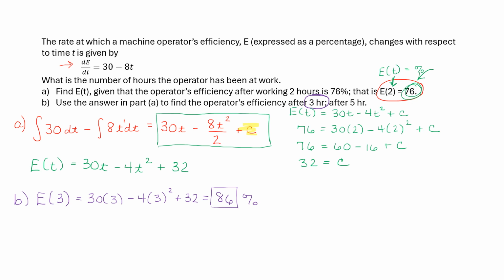And then finally, let's do after 5 hours. So again, we're just substituting 5 in for t. And that will give us, again, they'll have the percent symbol beside, and it will come to 82%.